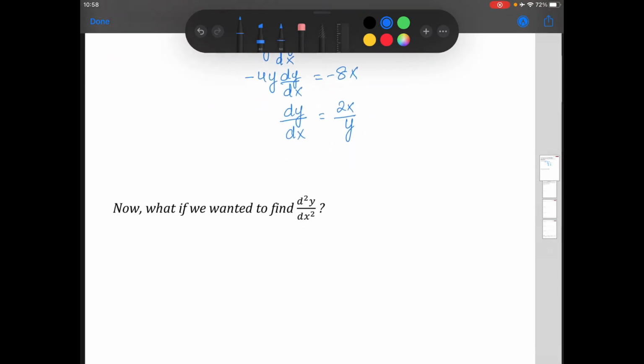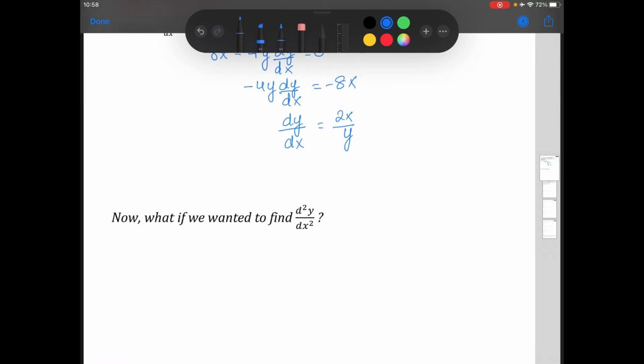Now what if we want to find the second derivative? Be very careful. This is how we write it: d squared y over dx squared. We don't write it like the other way, because then we are basically squaring it, and it could be misconstrued.